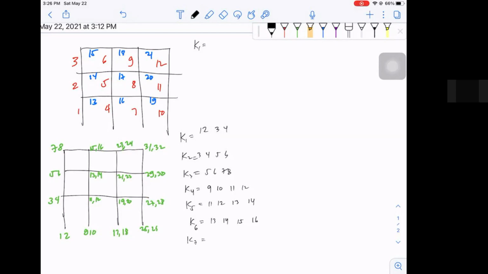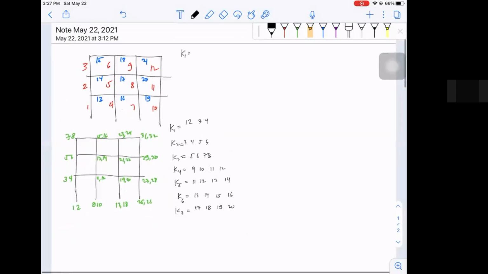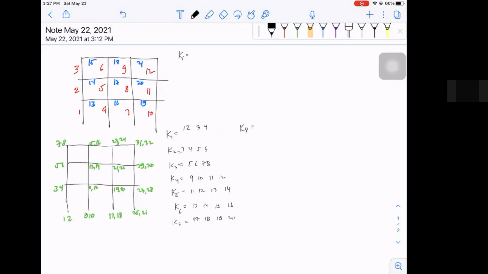K7, 17, 18, 19, 20. K8, 19, 20, 21, 22. K9, 21, 22, 23, 24.